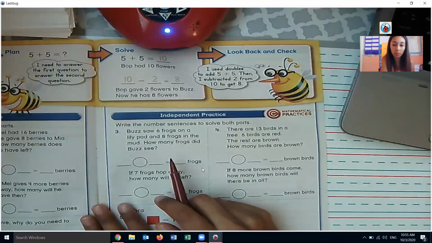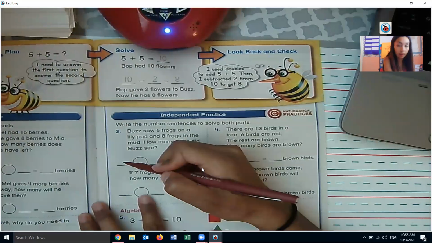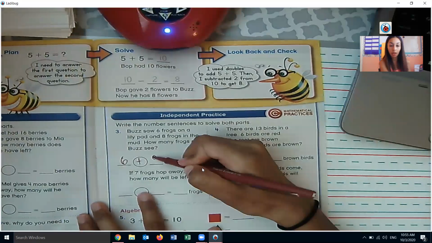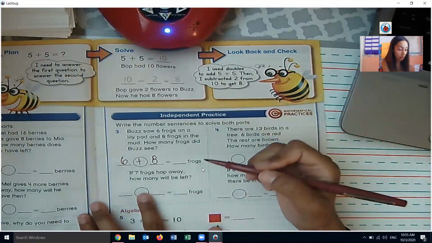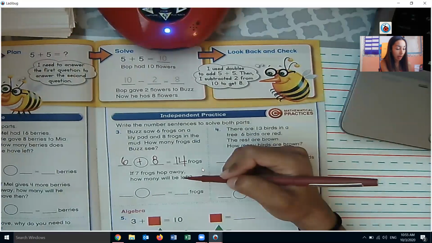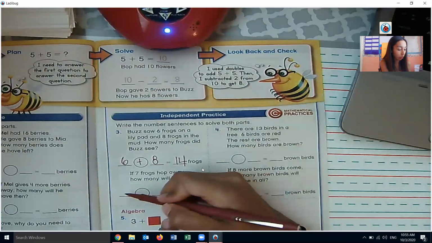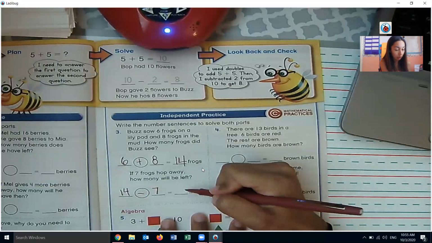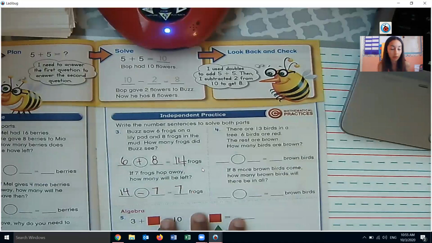How many frogs did Buzz see? 6 and 8, which gives us a total of 14 frogs. If 7 frogs hop away, how many will be left? So there were 14, 7 went away. Now there should be 7 left over.